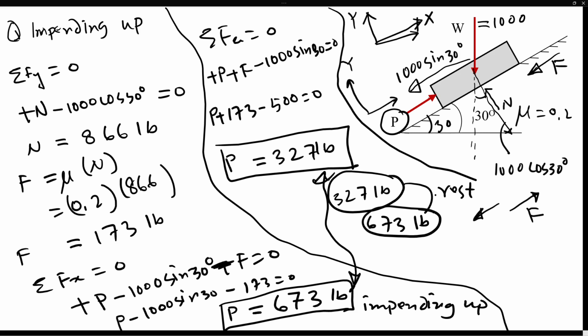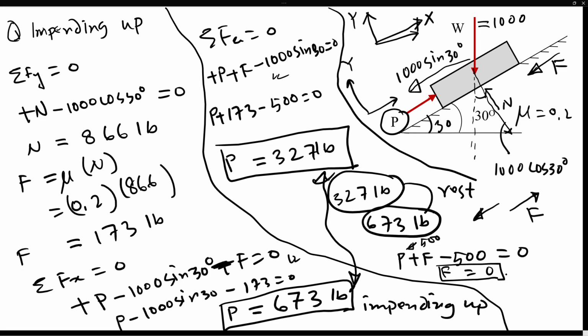However, if you look closely at this friction equation, either this one or this one, P plus F, the 1,000 sine 30 is 500, equals 0. So if you apply exactly 500 pounds of force, then the friction force is going to be 0.